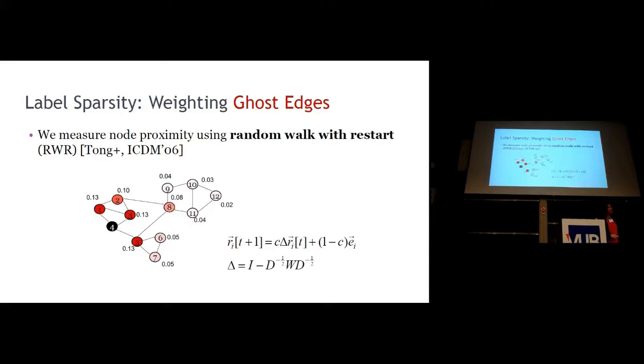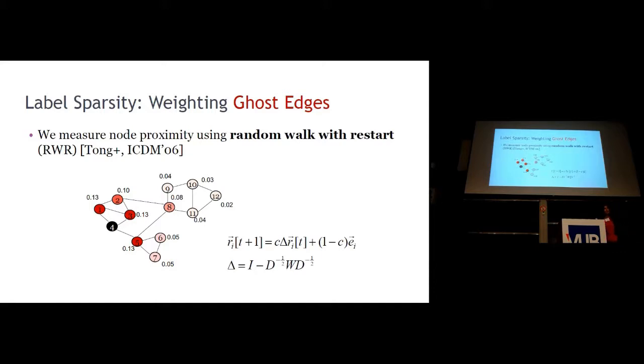So you solve this. When you hit the stationary distribution, what you get is a proximity number, a rank number, between node 4 and all the other nodes in the graph.